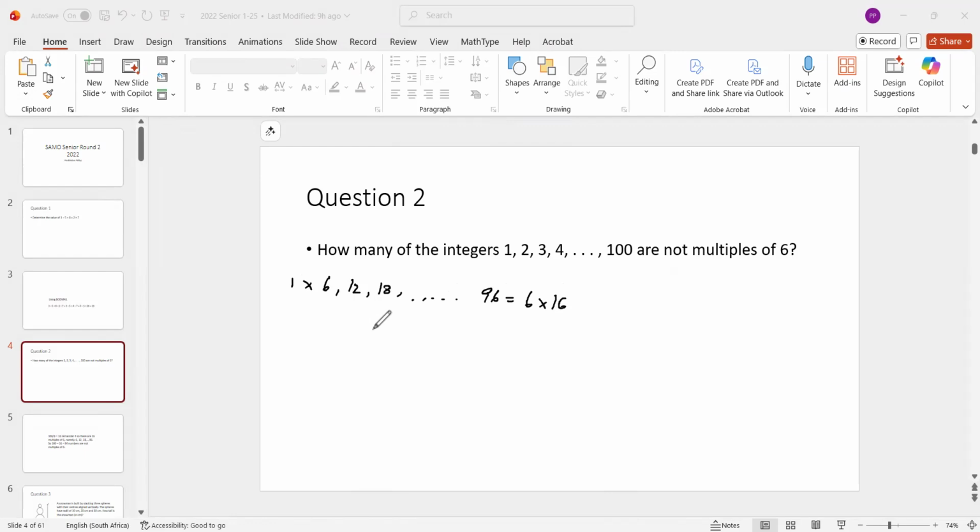So you will start from 1 times 6, 2 times 6, all the way to 16 times 6. There are 16 multiples. This is from 1 to 100.